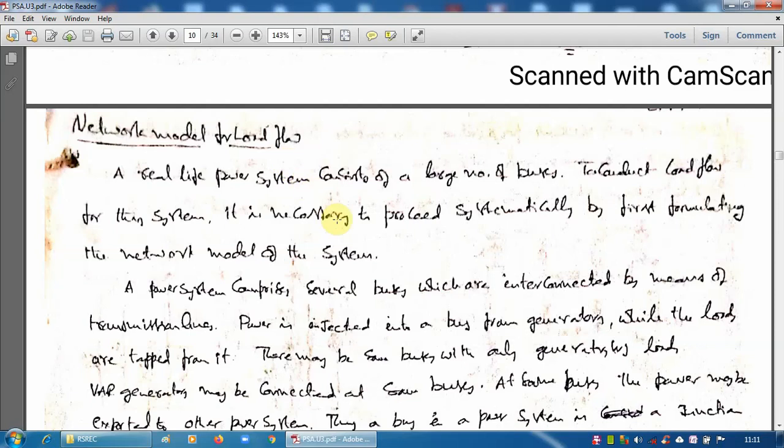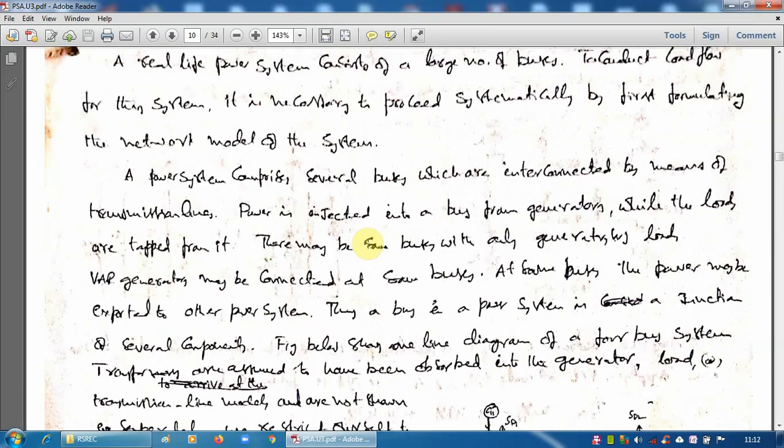For load flow, how to model the given system, to construct the Y bus and also to calculate the powers in all the lines. How conveniently a given power system network can be modeled, that we also have to consider.